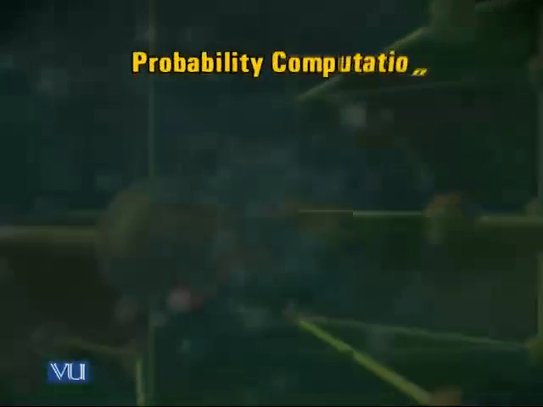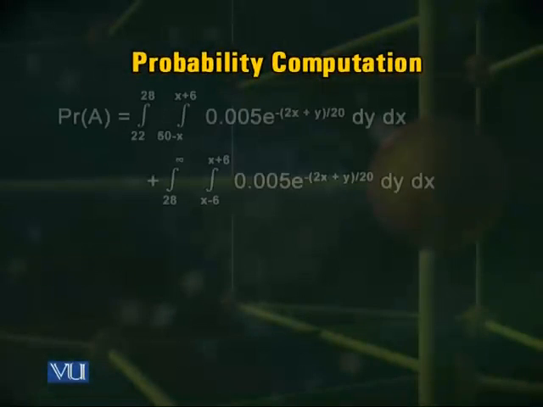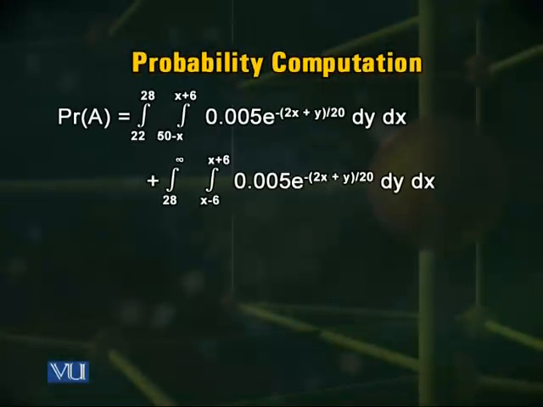The actual values of this integral are shown on your screen. The first integral is where x goes from 22 to 28, and y goes from 50 minus x to x plus 6. This represents the triangle.